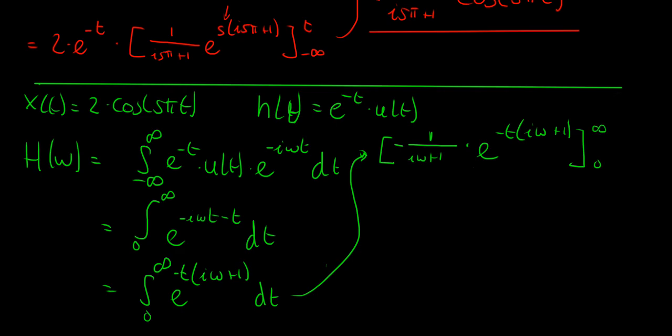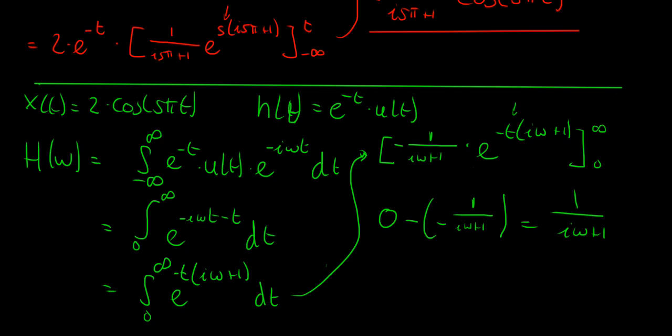Well, if we fill in infinity, again we get a minus infinity in the power, which will result to 0, minus, i omega plus 1 in the denominator, 1 divided by that, e to the power, well, if we fill in 0, then the whole power will be 0. So actually we get e to the power 0, which is just 1. So this is just equal to 1 over i omega plus 1.